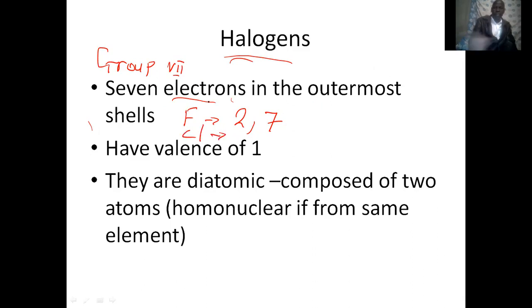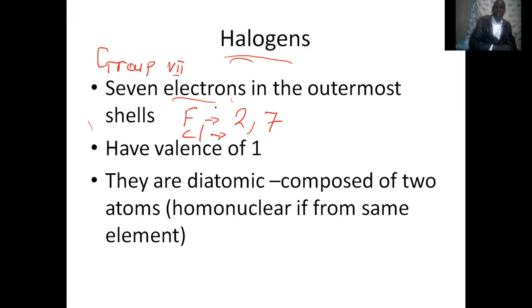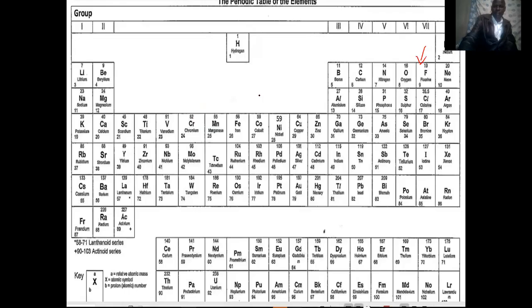And if you look at chlorine, it has the atomic number 17, meaning that in the first shell we're going to have 2 electrons, in the second shell we're going to have 8, and then 7, which makes it 17.